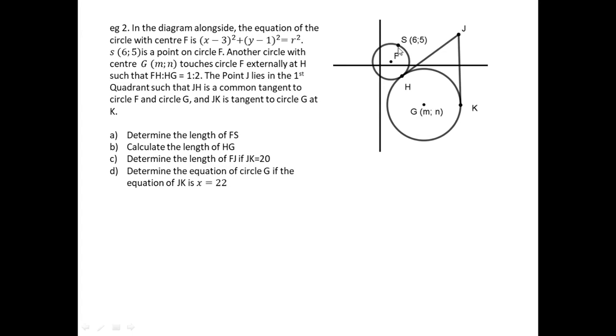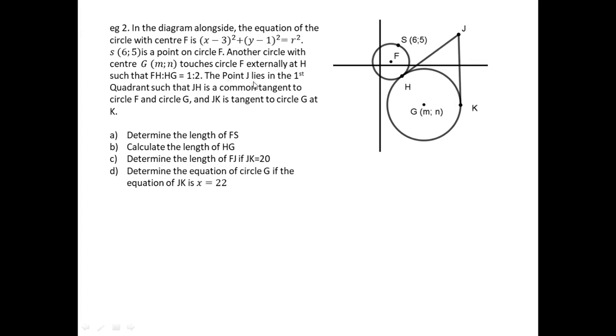Another circle with center G, that's this one, touches circle F externally at H. So this circle and that circle touch each other externally at H, such that FH, which is that radius there, to HG, which is the radius of the big circle, is 1:2. So the ratio of this radius to that radius is 1:2.